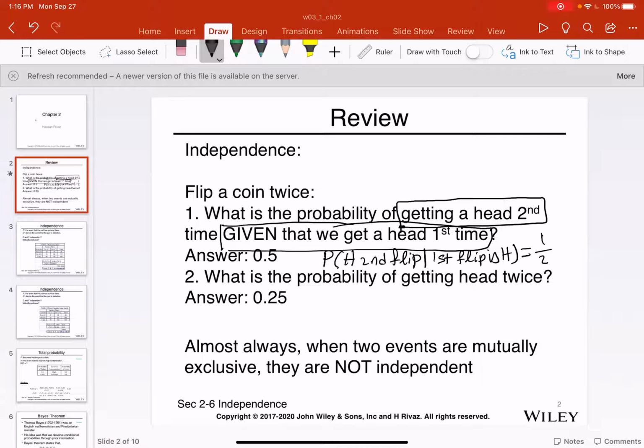Now the second question is asking, what's the probability of getting a head twice, right? So here, basically we want to calculate the probability of, let's try to write with a different color, the probability of first head intersection second head, right? Because we want to get a head twice. That means that both times it must be a head, right? So it's an intersection. Intersection means and, right?